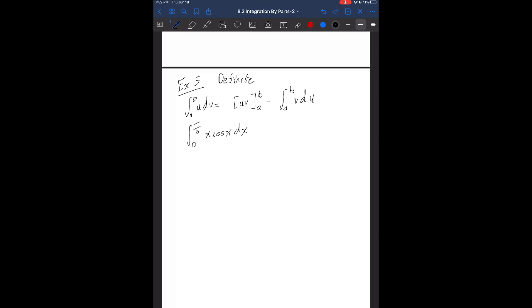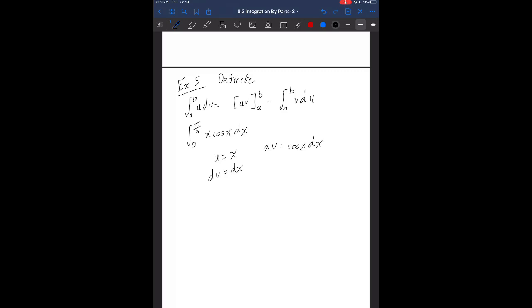It will become 1 after we take a derivative, so it's a very good choice. And we will pick dv as our cosine of x dx. So u is x. That means that du is dx. And we also have that dv is cosine x dx.